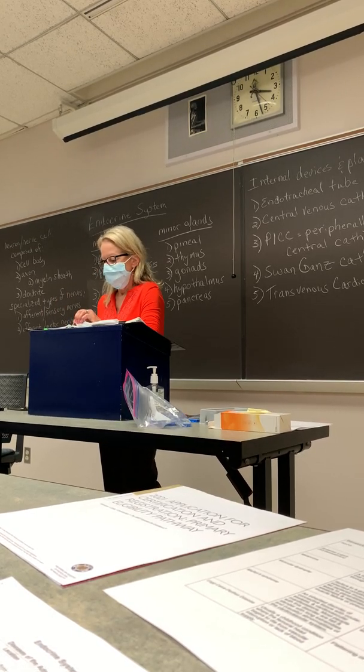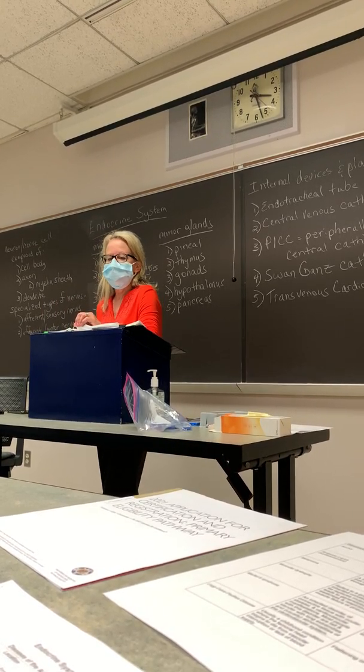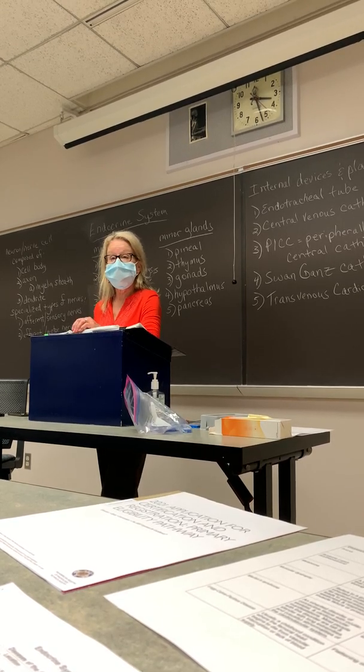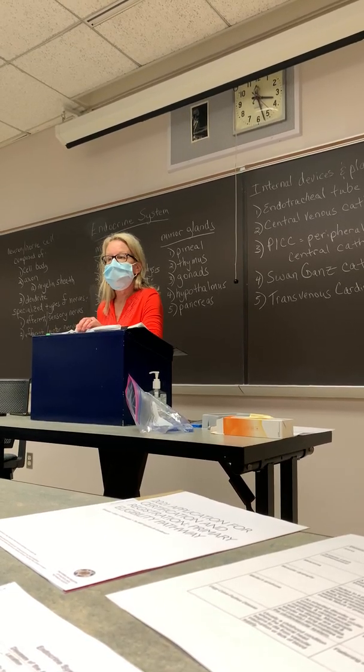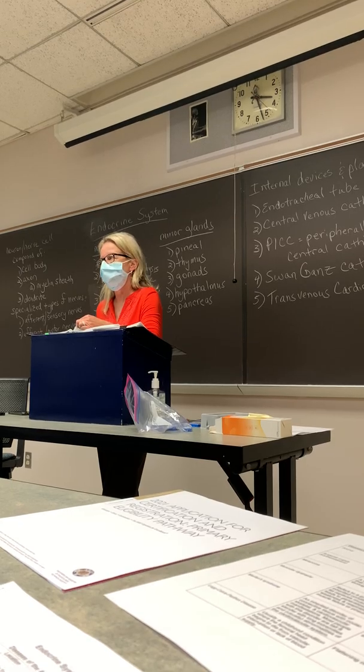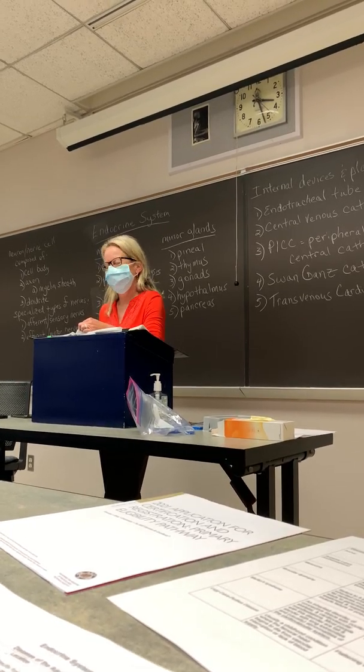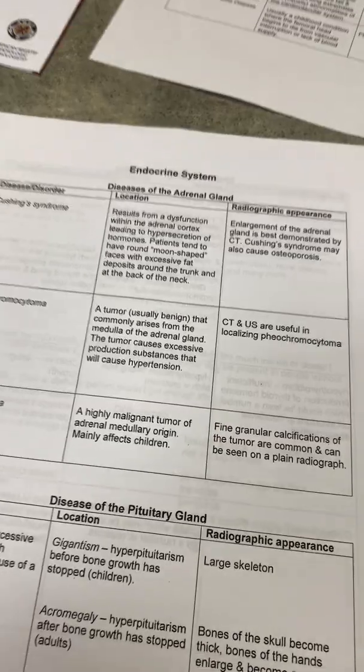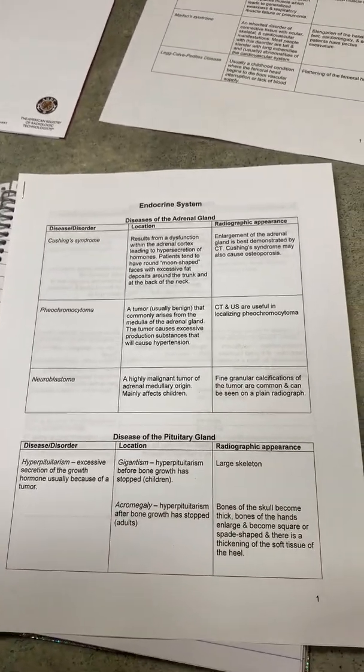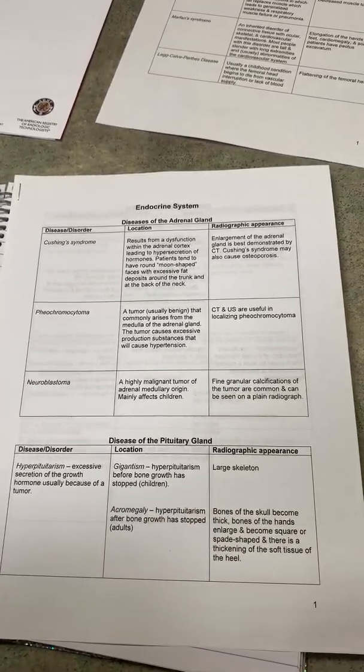The first one we're going to talk about is diseases of the adrenal gland. First of all, you guys remember where are the adrenal glands? Good. They sit on top of your kidney. The first one is Cushing's syndrome or disease.